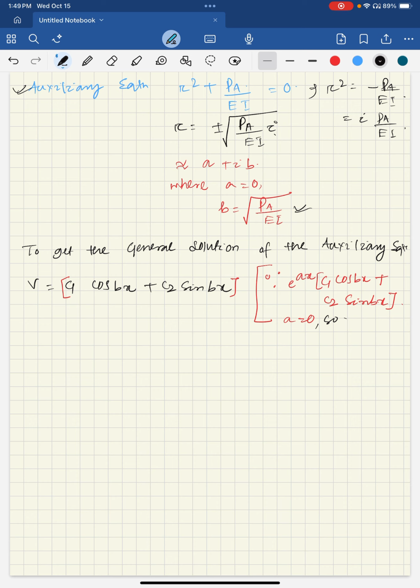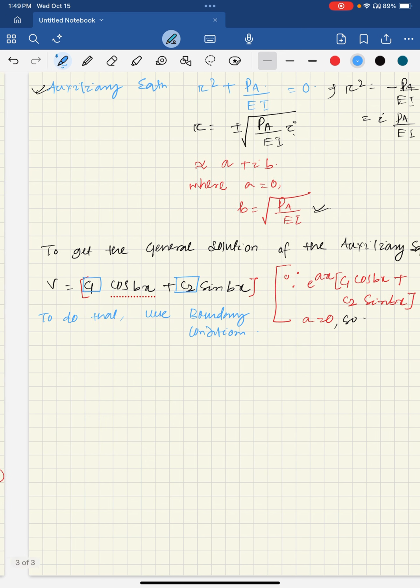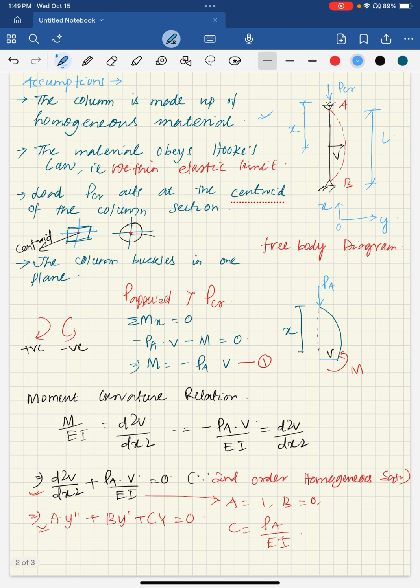Now, how do we find the expression for c1 and c2? We want to find out the value of c1 and c2. To do that, we use the boundary conditions, right? If you look at the column here at A and B, exactly at A and exactly at B, the deflection is 0.